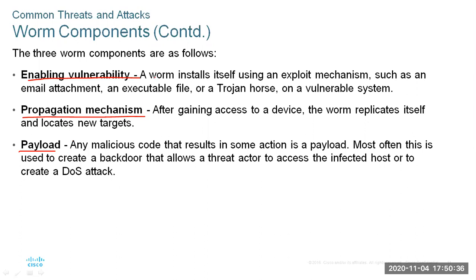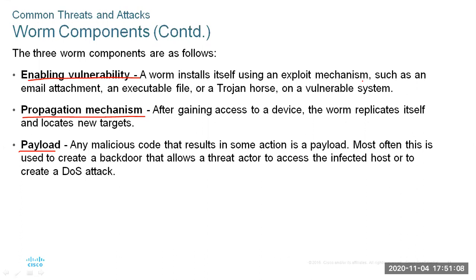So the enabling vulnerability: a worm installs itself using an exploit mechanism. When we talked about exploit last class, we looked at a weakness within your network or within your system that a threat actor can exploit, such as email attachments, executable files, or even a Trojan horse on a vulnerable system.